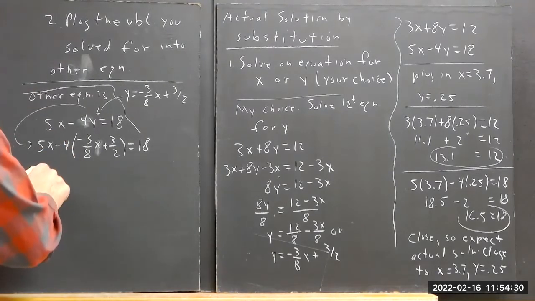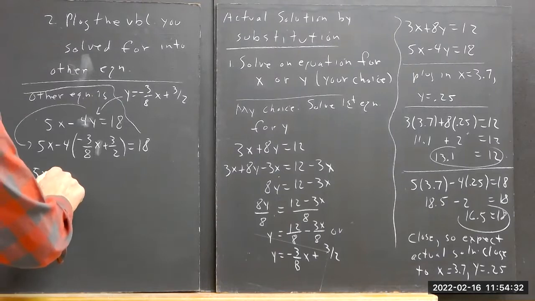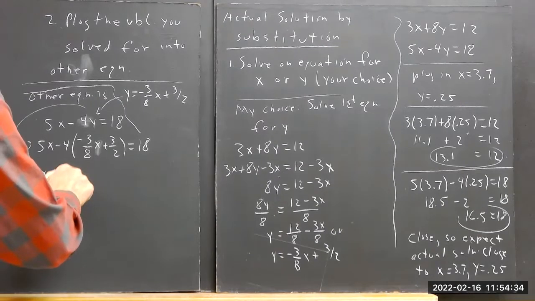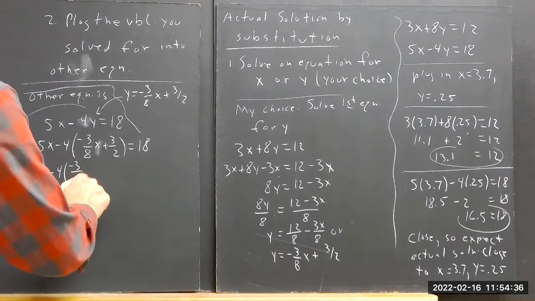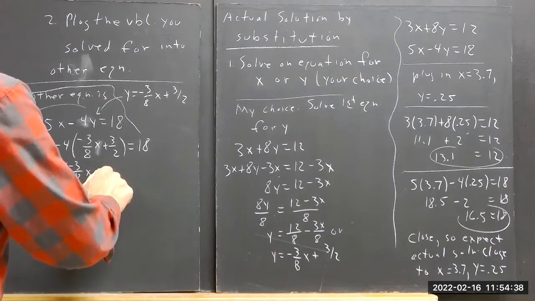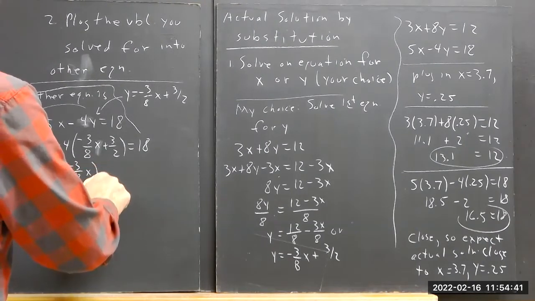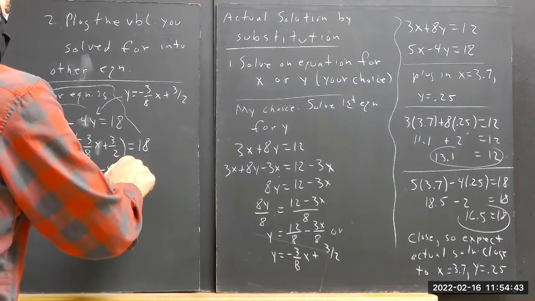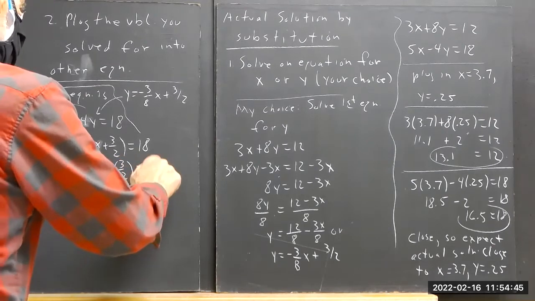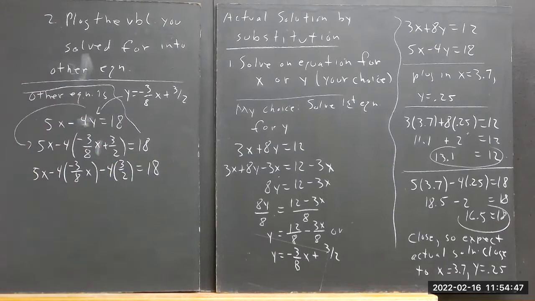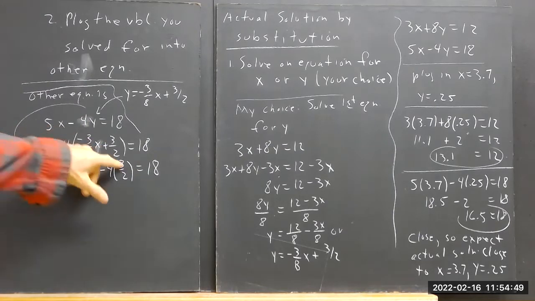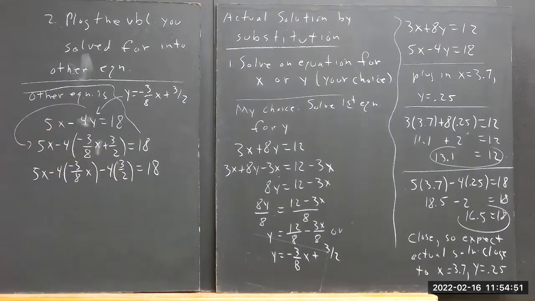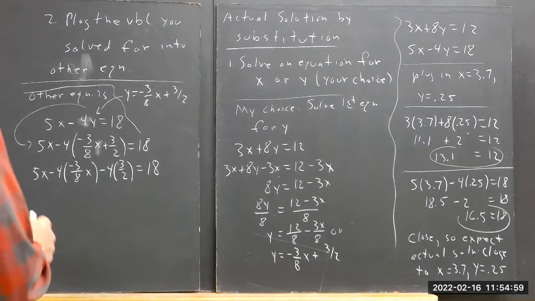I get 5x minus 4 times negative 3/8 x, minus 4 times 3/2, equals 18. Just distributing multiplication by negative 4. Everybody should be good with that, because you use the distributive law in solving a lot of the linear equations we saw earlier.